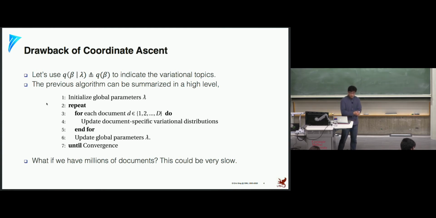But this is not very viable if the number of documents D is very large. If you have millions or billions of documents at an internet company, you don't want to run the inner loop for a very long time and only update the outer loop once after, say, 10 minutes. You want to update your model frequently enough to make the model better at any point.